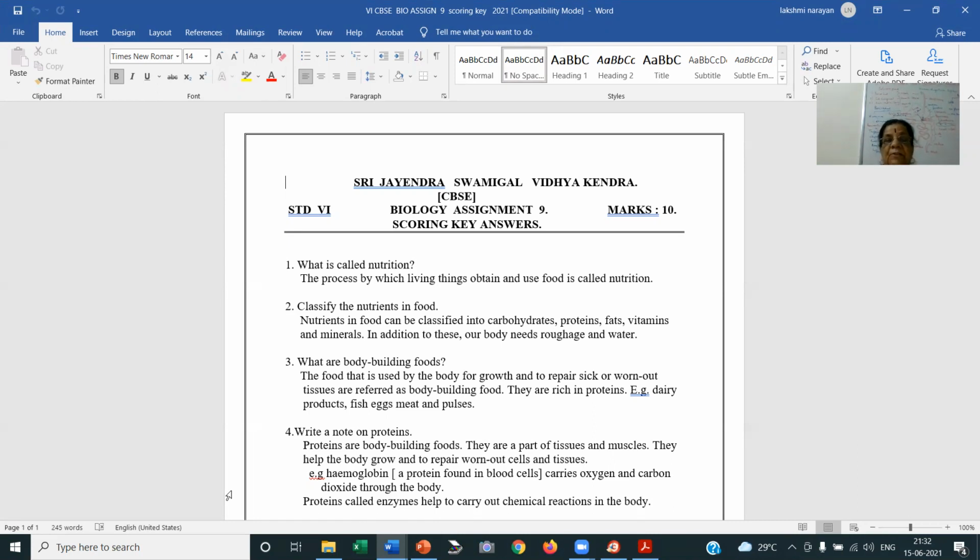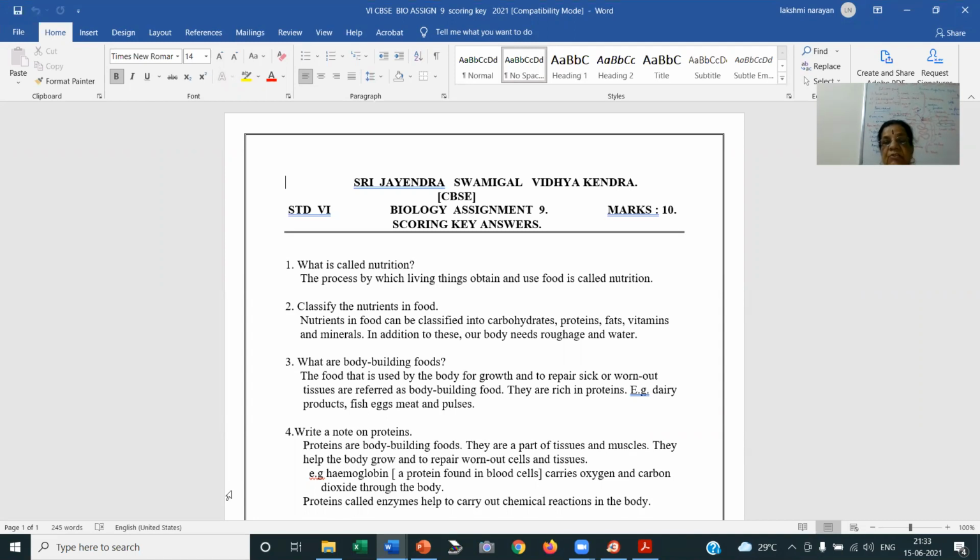Then classify nutrients in food. That is components of food. Nutrients in food can be classified into carbohydrates, protein, fat, vitamins, and minerals.